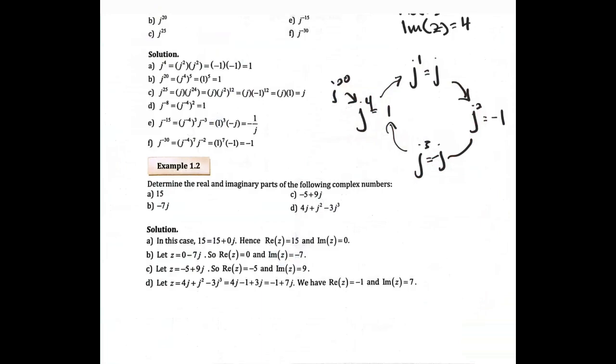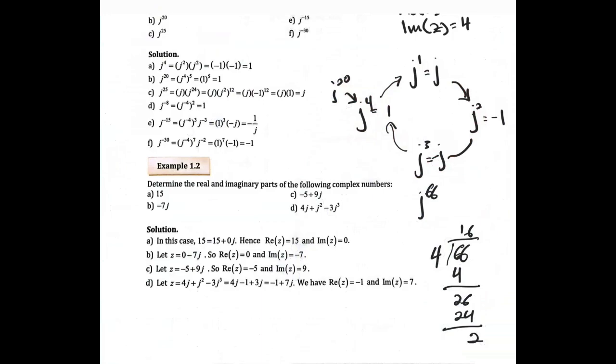Let's try a bigger value of power, which is j^66. So we have 66 divided by 4. If we try to solve it, we have 1, 4, remainder is 26, 6 is 24.